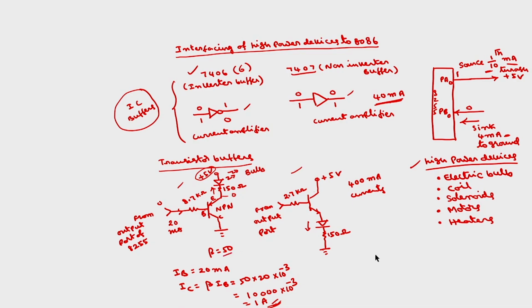If beta value is large, IC is also large. So to increase the beta, instead of using a single transistor here, we can use a Darlington pair. Using that, again you can increase the current capacity.